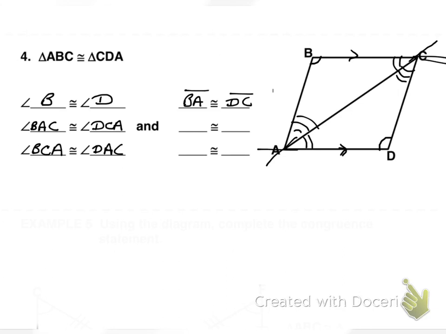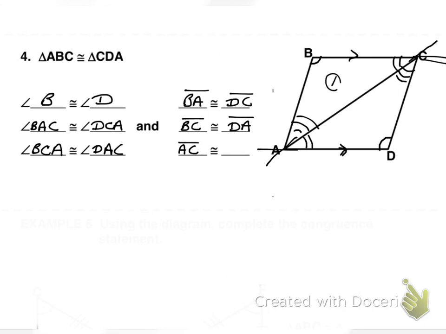And then we have BC is congruent to DA. And then AC on one triangle, which is going from the 3 hash marks to the 2 hash marks on the top triangle.